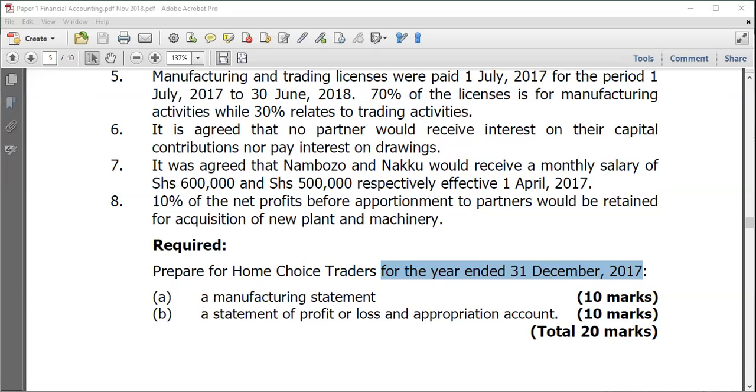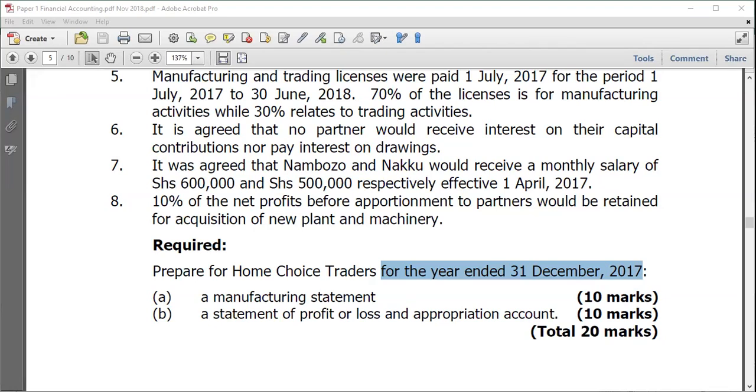Now, what that means is we are going to accumulate all the costs that relate to the production. When you're producing, we have certain things that we spend on. We spend on the raw materials, we spend on labor, and then we spend on other expenses, which in this question we shall call factory overheads.